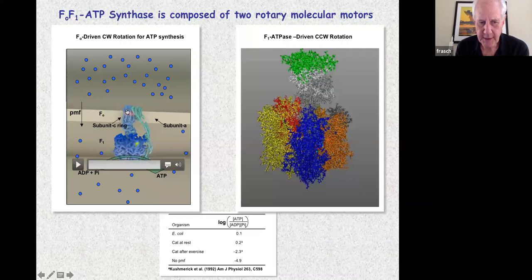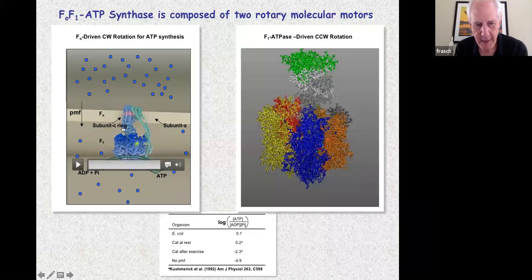So this works because this ring called the C ring rotates relative to this peripheral stalk that contains subunit A, that contains the channels for the protons to go through. And then this gamma subunit that protrudes down in here, that's also part of the rotor, that's the drive shaft.